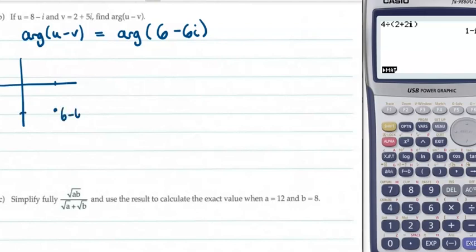So that's 6 minus 6i just there. So therefore, the argument for that is minus pi by 4, because this would make a right-angled triangle. So that angle right there is 45 degrees, or pi by 4. And since it's under the x-axis, going around anti-clockwise, it's a negative.